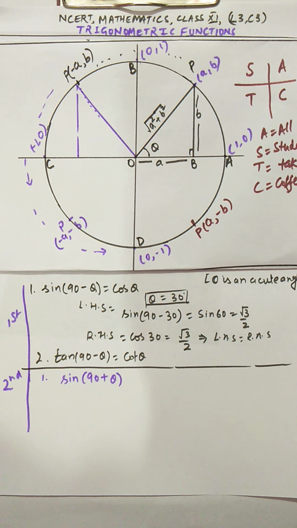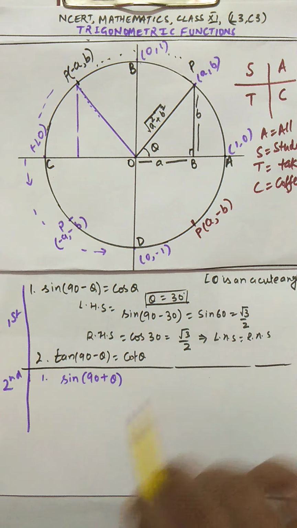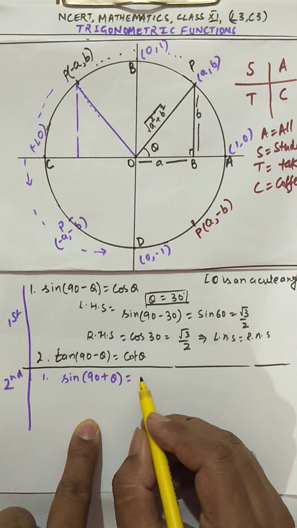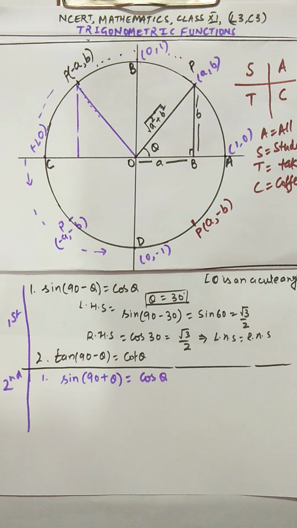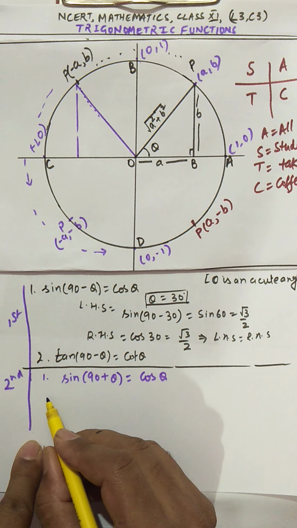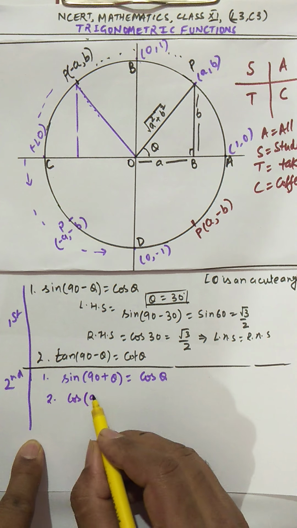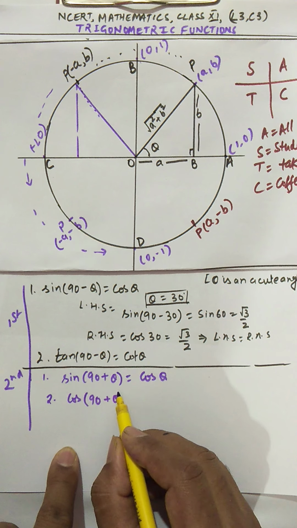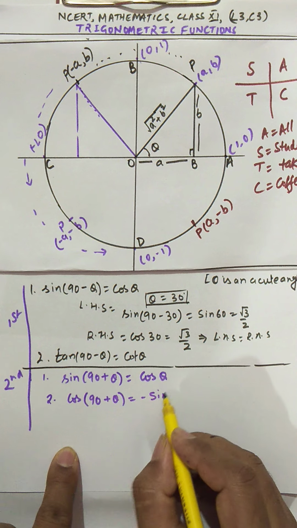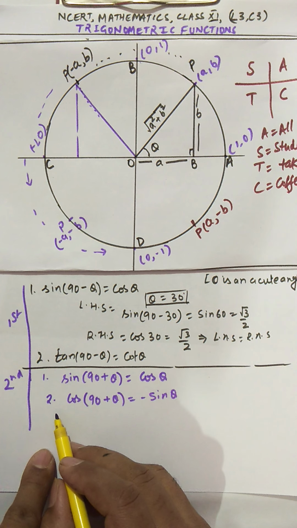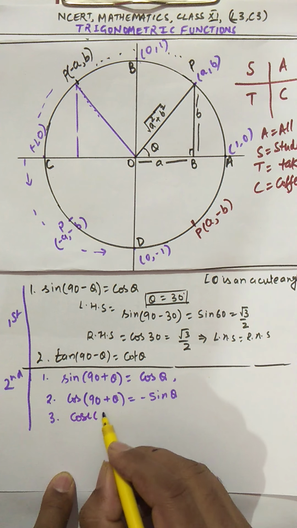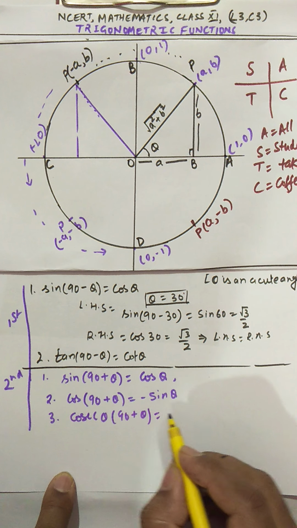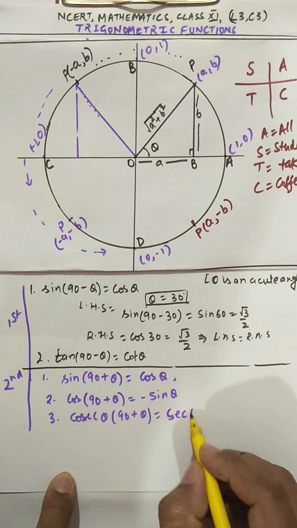Again we can take theta equal to 30 degrees. If I take theta equal to 30 degrees, I can write that result directly. So sin(90 plus theta) is going to be cos theta, and the second one, cos(90 plus theta), is going to be minus sin theta. Third, cosec(90 plus theta) you can write as sec theta.